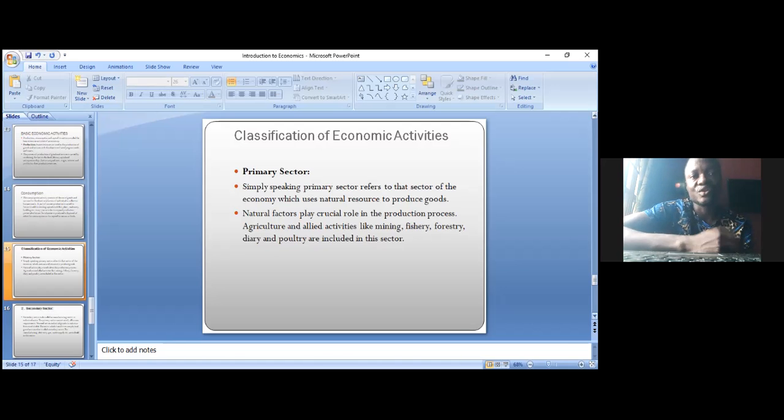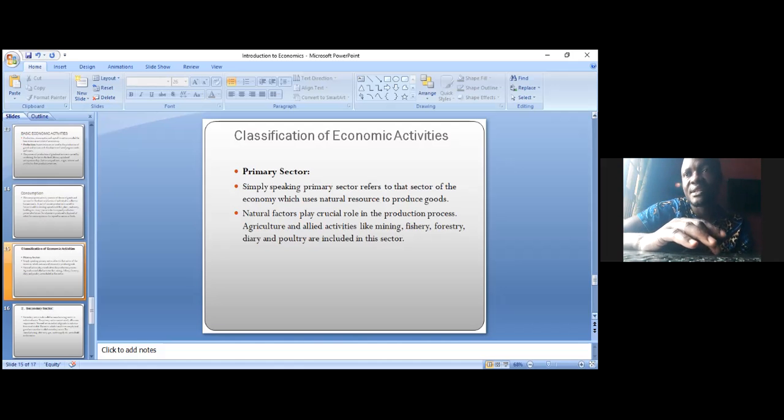At that stage, you can consume it or you sell it. That's the primary sector. Natural factors play a crucial role in the production process. Agriculture and allied activities like mining, fishery, forestry, dairy, and poultry are included in this sector. So these are the sectors that deal directly with the primary sector.